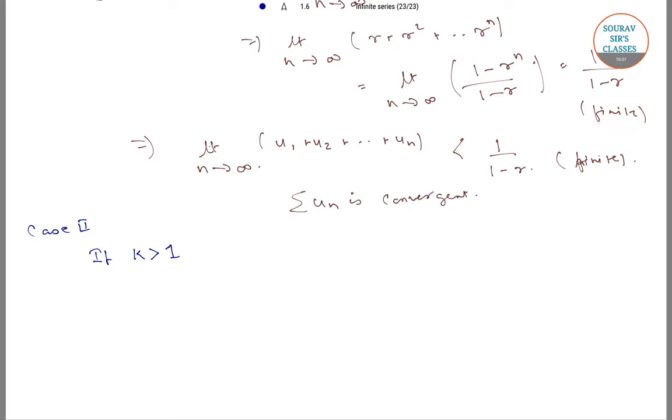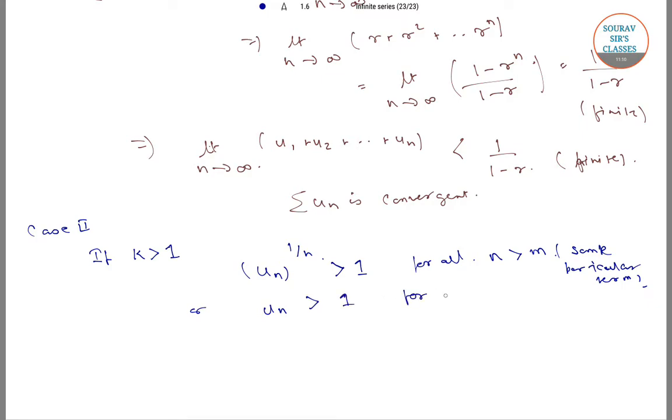Next, if k is greater than 1, then we have un raised to the power 1 by n is greater than 1 for all n greater than m, where m is some particular term. Or un is greater than 1 for all n greater than m.